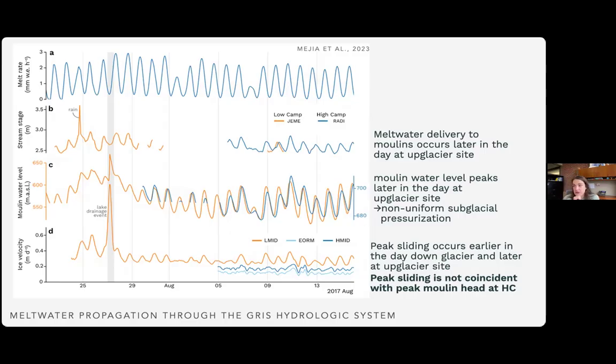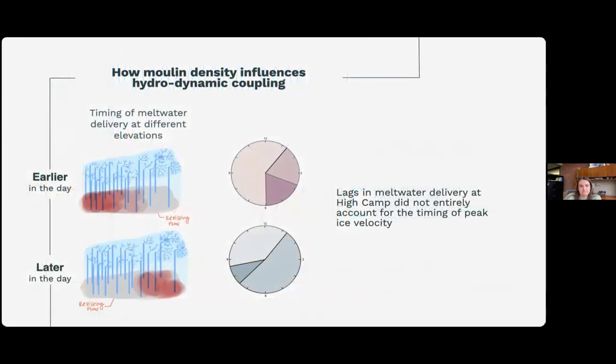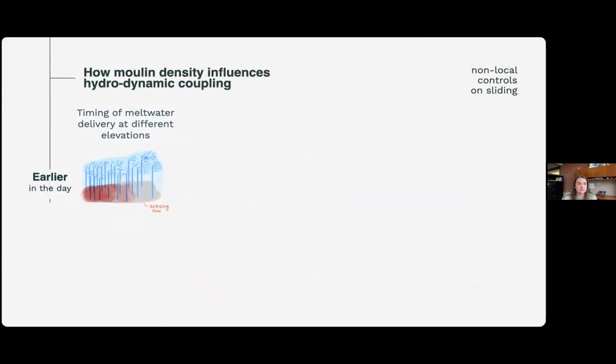However, at our upglacier site, at our higher elevation site, peak sliding is not coincident with peak moulin head. So ultimately, this indicates that the lags in the timing of meltwater delivery at high camp did not entirely account for that timing of peak ice velocity. But at our lower elevation site, they did, right? So it was more what we expected.